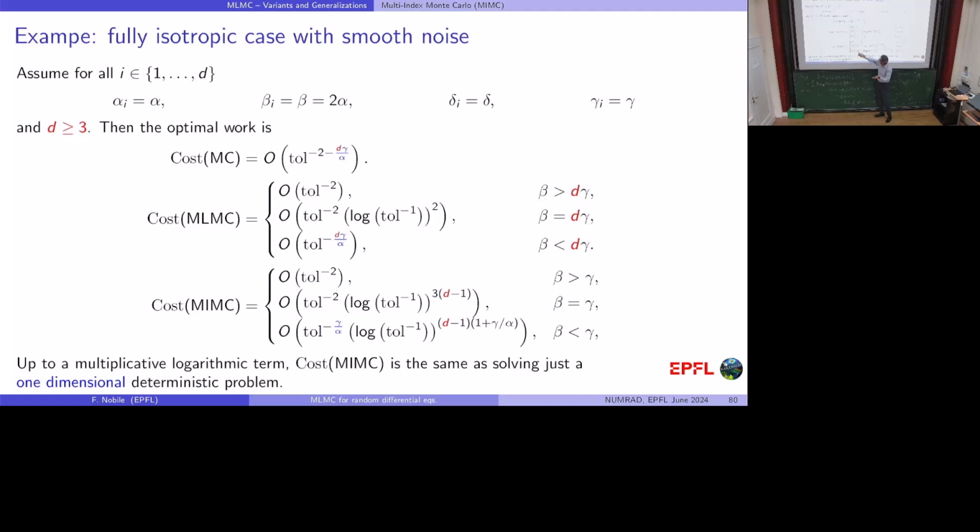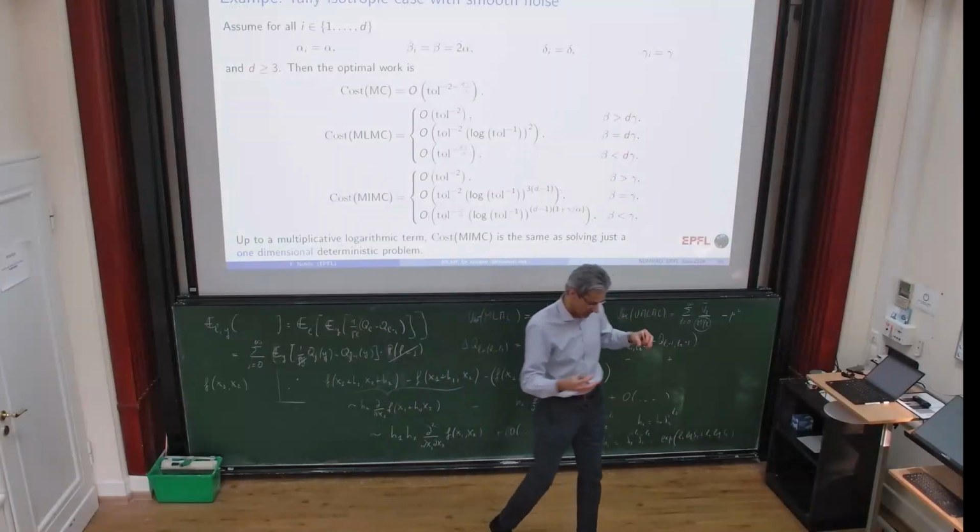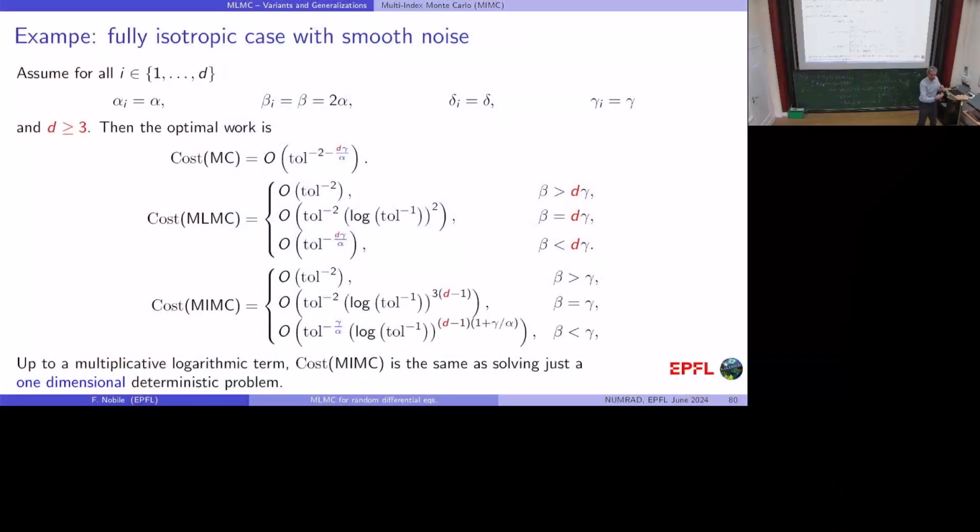Here you have a cost of epsilon to the minus gamma over alpha without the d, so you only see the complexity of a one-dimensional problem. It looks like the cost of MIMC is essentially the one of solving a one-dimensional problem, by which I mean only looking at one type of refinement: the complexity of refining only one of the parameters, the worst one.